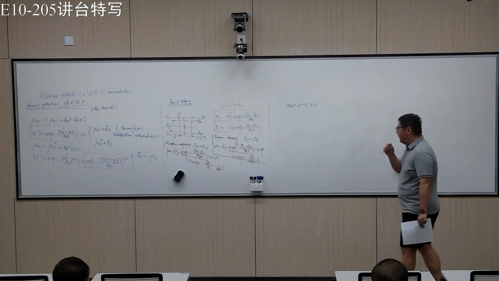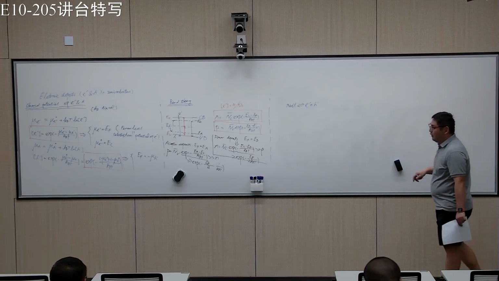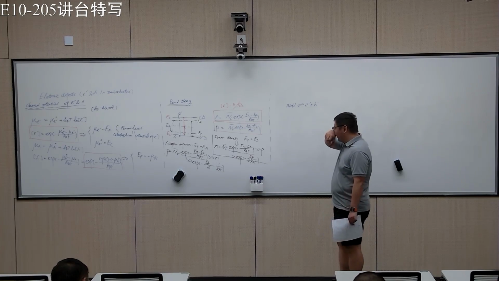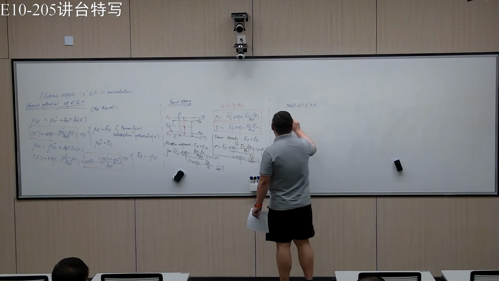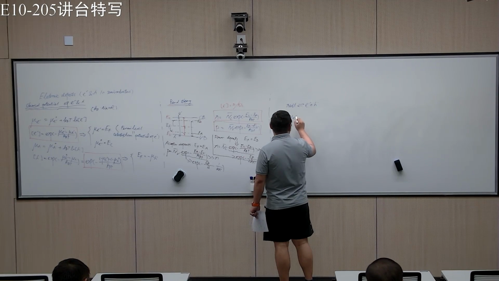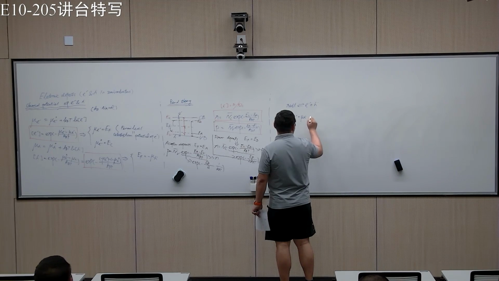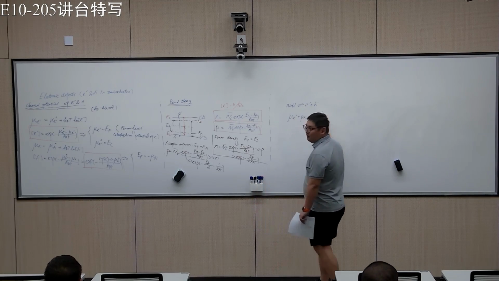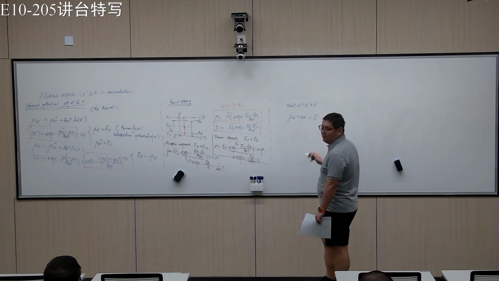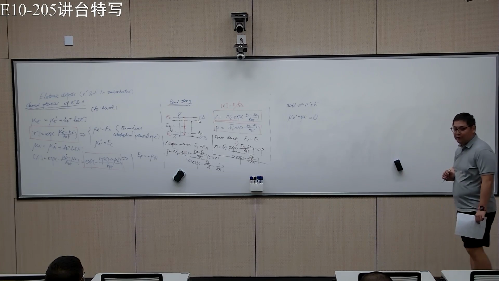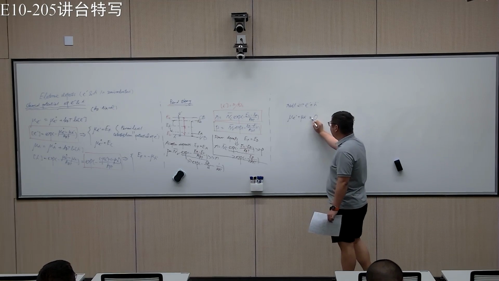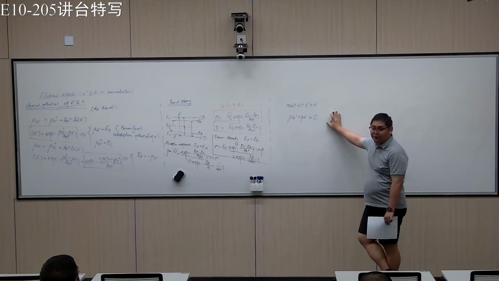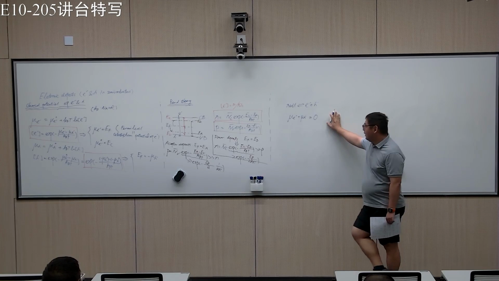We know that for this chemical reaction, if we reach equilibrium, the equilibrium condition is mu E plus mu H equals 0, right? So this is the condition for reaching equilibrium.